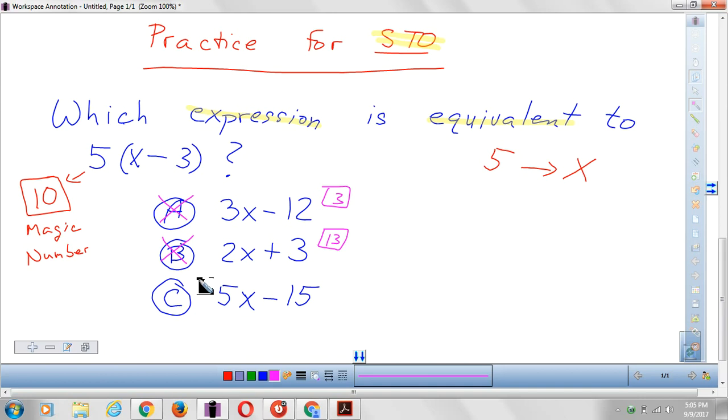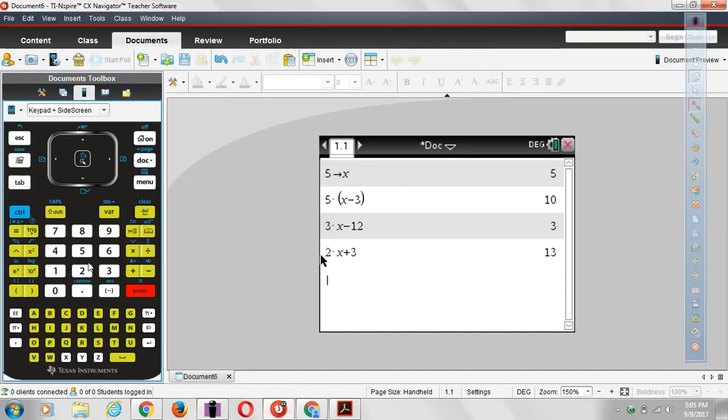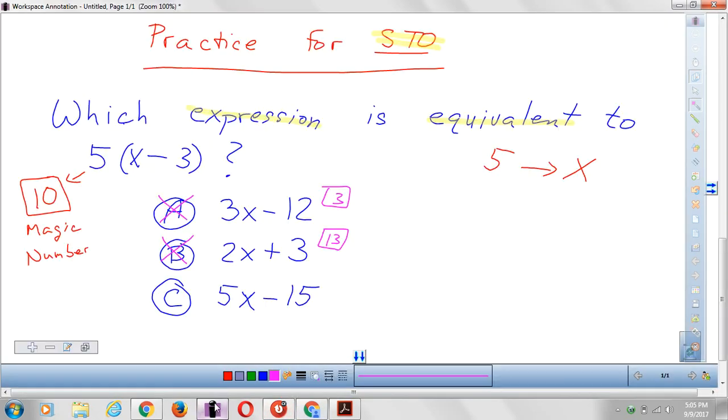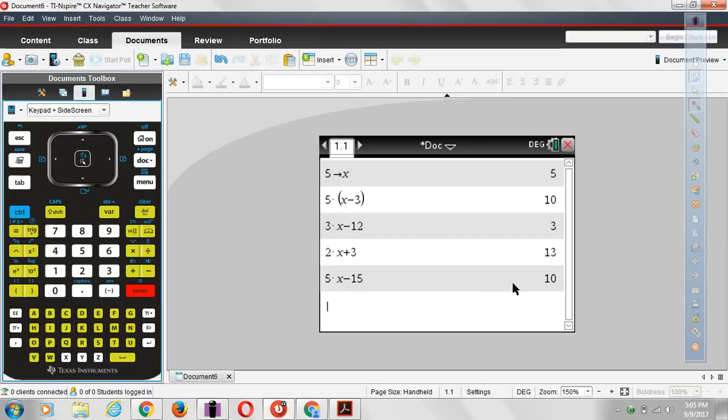Let's try 5x minus 15. Okay, let's try that. 5x minus 15. Enter. Aha. And now I can see, okay, the correct choice must be choice C. Because if I look on my calculator screen, I can see right here the number 10 popped out.